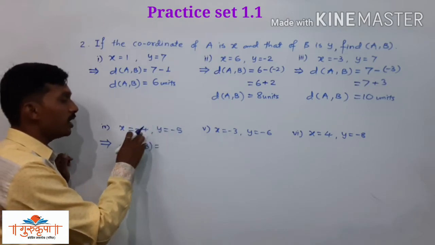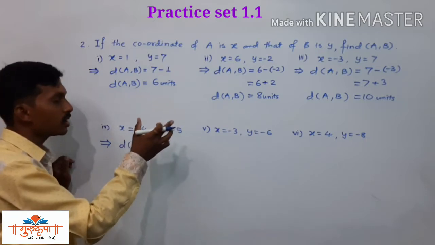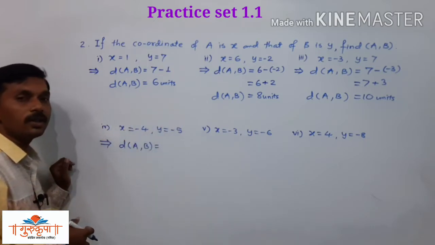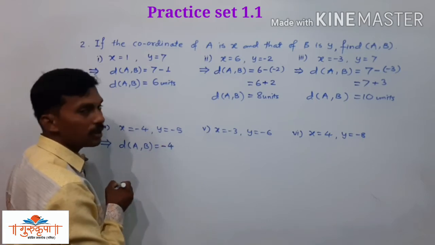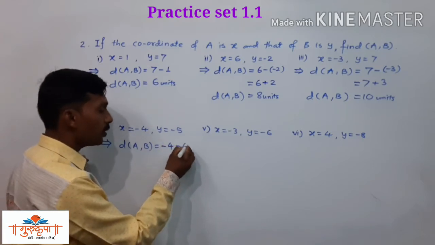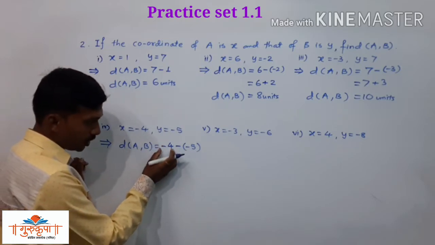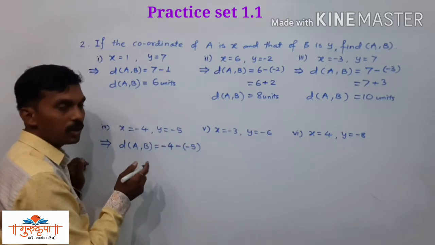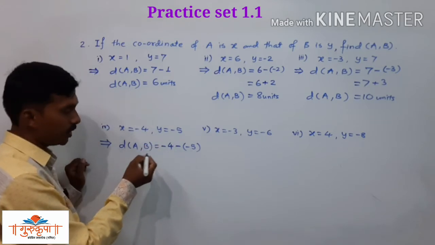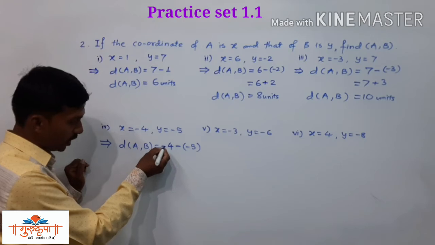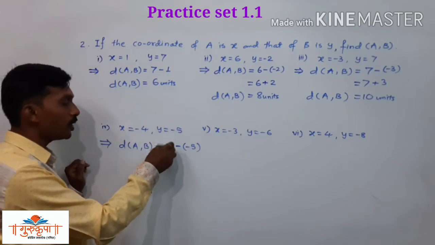Since the minus sign is there, the bigger number becomes smaller and the smaller one becomes bigger, since both have negative signs. So minus 4 is the bigger number, so we write the bigger coordinate first, minus, then we write the smaller coordinate, that is minus 5. Bigger coordinate minus smaller coordinate. You can also write this coordinate inside the bracket, but since there is no sign beside it, we are not going to put it inside the bracket.